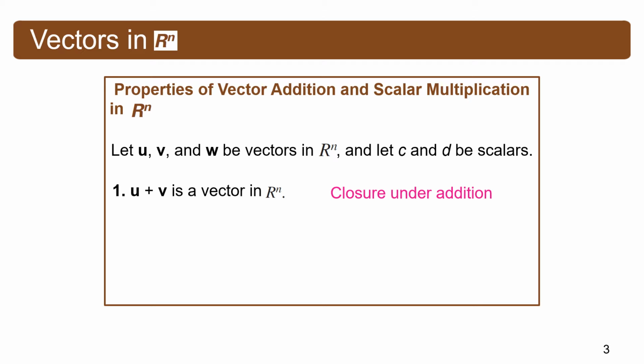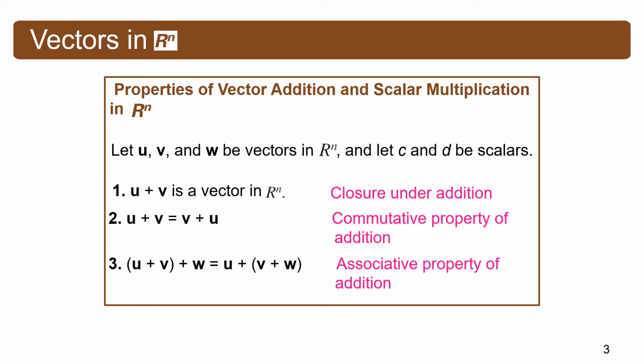If u is a vector and v is a vector, the addition is also a vector, so it is closed under addition. If u bar plus v bar is v bar plus u bar, then it is the commutative property of addition. If u bar plus v bar plus w bar is u bar plus v bar plus w bar, that is the associative property.